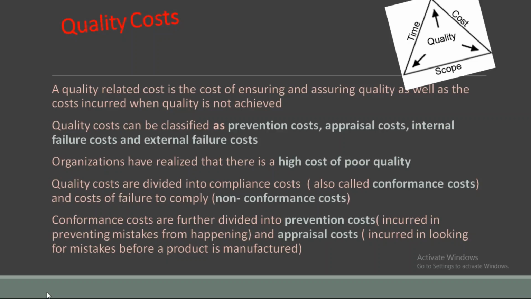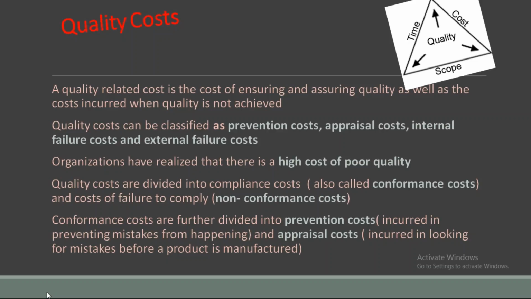If we spend money on prevention and appraisal, we almost conform to the quality requirements of the customer or the market. If we spend little on those areas, we might end up with a product at the end of the production cycle which is not of good quality. So again, that means we have to recycle the product, we have to redo the product, or we have to scrap the product.